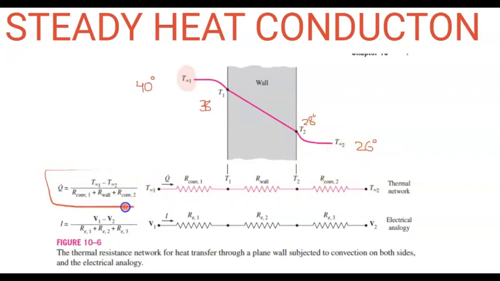So we can write that in this formula, because the initial temperature is that and the final temperature is that. So I can do the difference, T infinity 1 minus T infinity 2, divided by all the resistances: R convection plus R wall plus R convection. R convection 1 is the inside convection. R convection 2 is the outside convection.